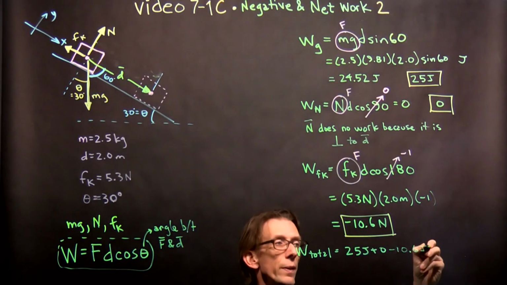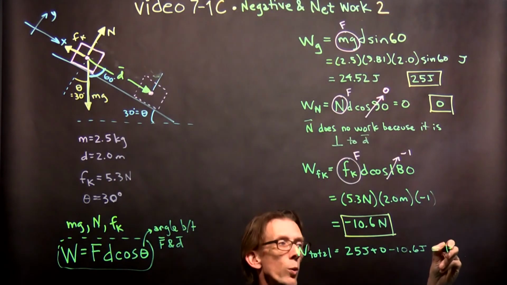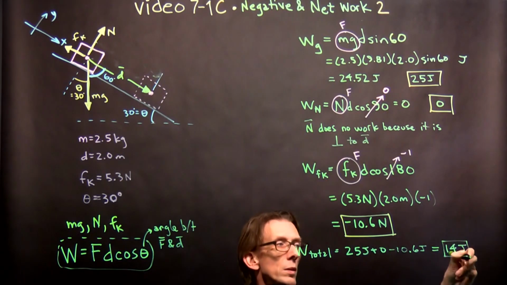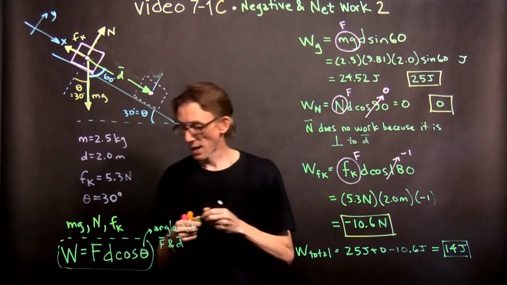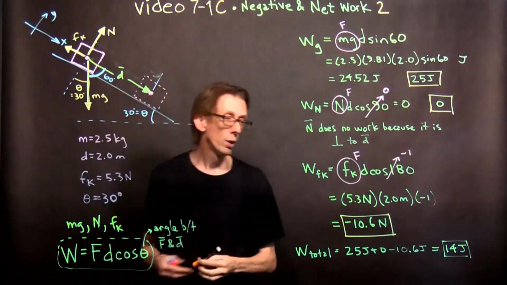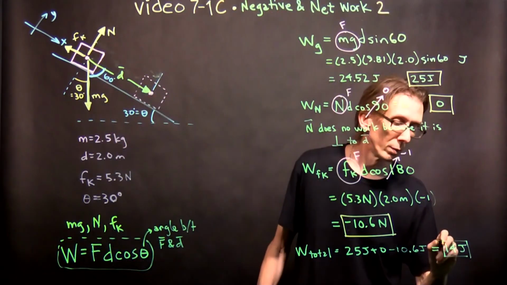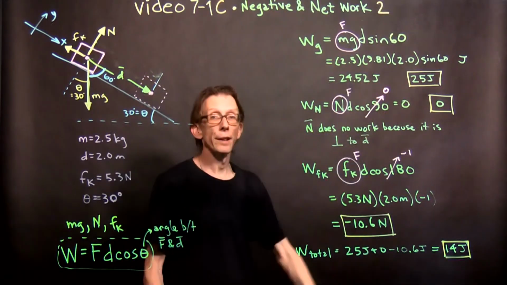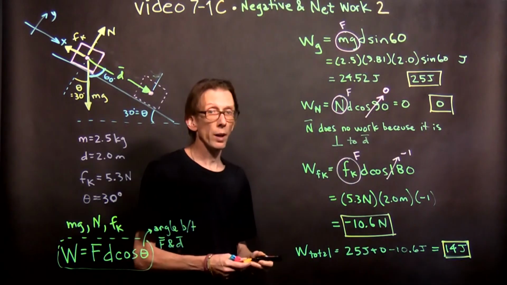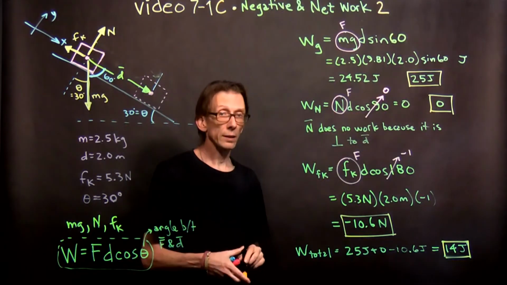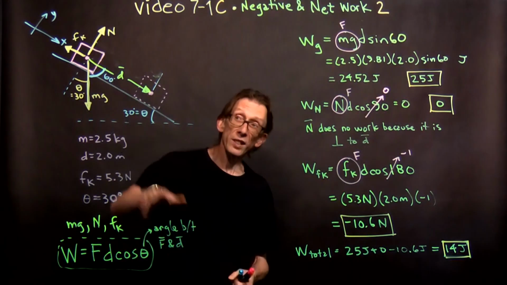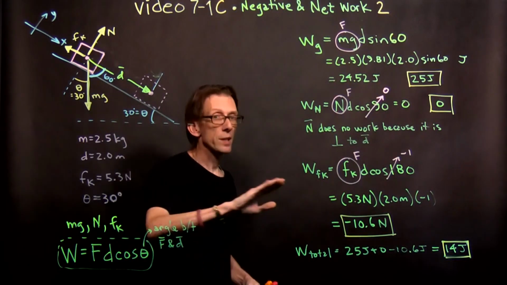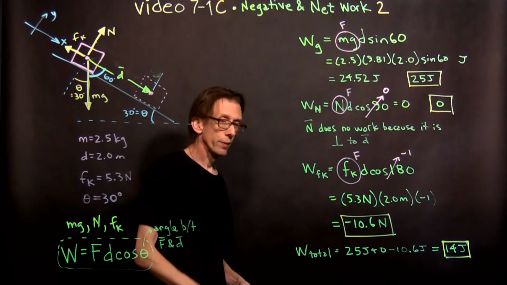When you round for significant figures, you get 14 joules. 14 joules is the net work, the total amount of work done. You just add them all up like numbers. There's no vector stuff going on with work. Work is a scalar. You have to consider some vectors as you calculate it, but the work itself is always a scalar, never a vector.